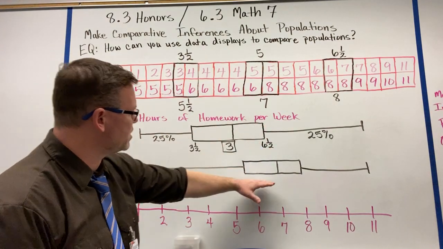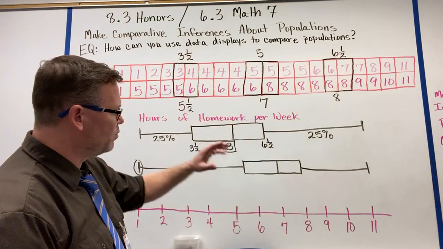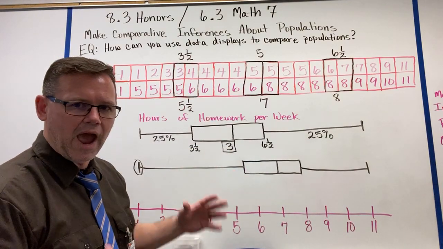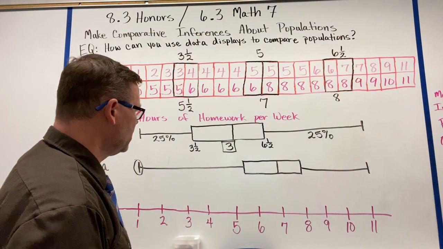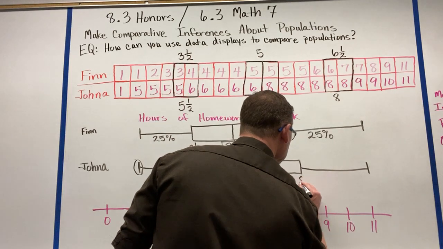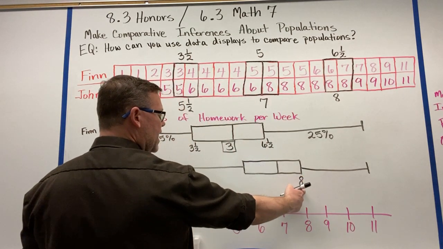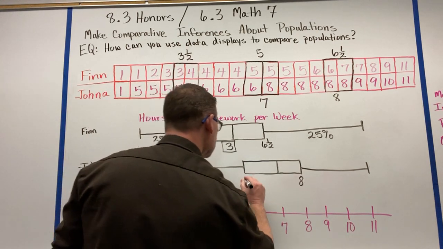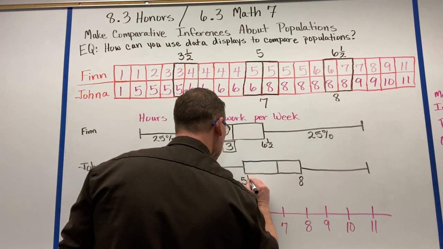Now, if this isn't much different than this, then we know these are accurate predictions. So when I look at this, this is 8 hours of homework, and this is 5.5.